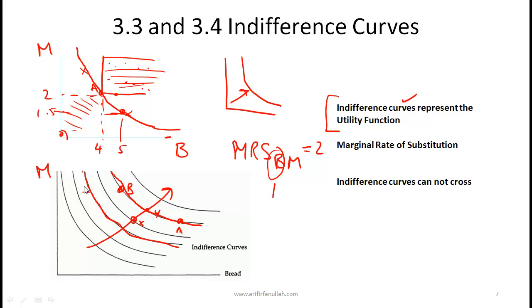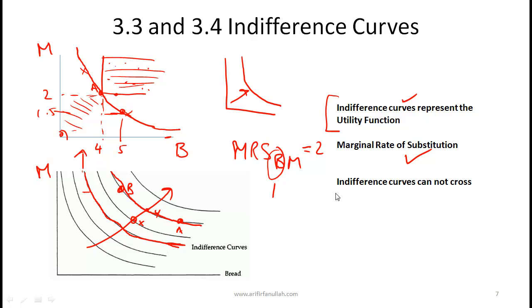So the marginal rate of substitution is high over here. What about over here on the same indifference curve? Now the marginal rate of substitution would be low, because to give up 1 unit of bread, you would be happy with just a small amount of milk. Hopefully you understand this point, and we'll do an example on it.